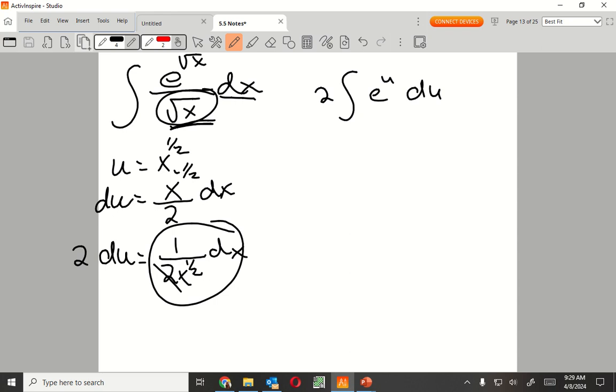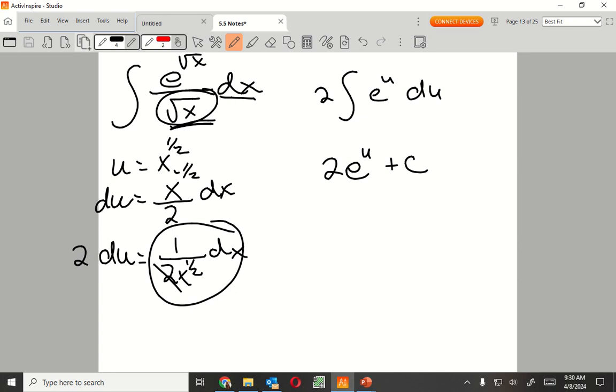Now integrate. What's the derivative of e to the x? e to the x. So what's the integration of e to the x? e to the x, right? So it's going to be 2 e to the u plus c.